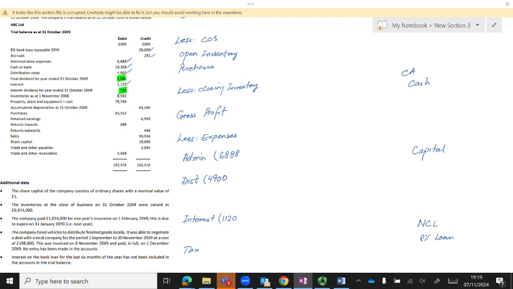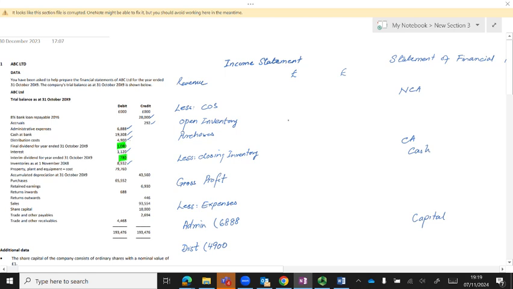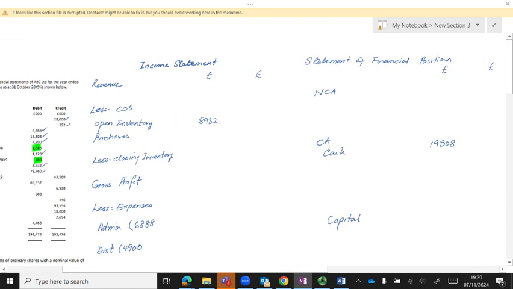Next, I have opening inventory of 8932. And then I have property, plant and equipment of 79,760.